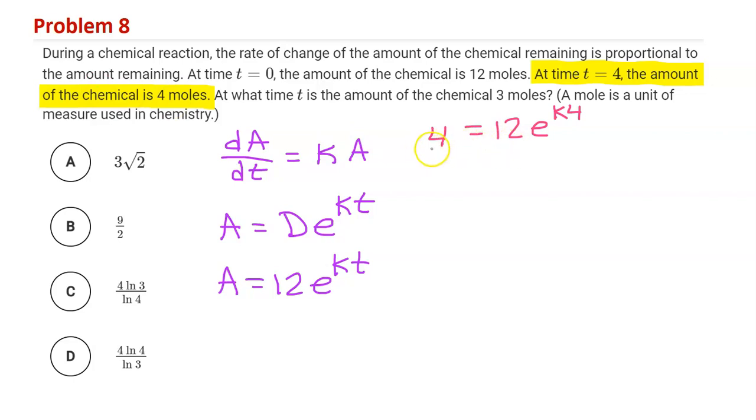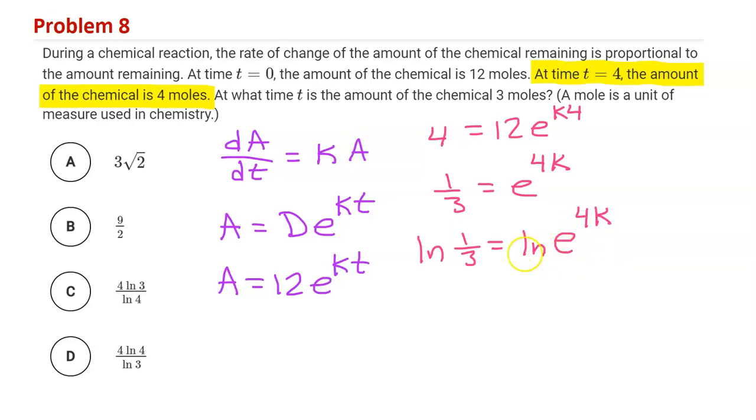Let's divide both sides by 12. So 4 divided by 12 is 1/3. So I have 1/3 equals e to the 4k. We can get rid of this e by taking the natural log of both sides of the equation. So I have the natural log of 1/3 equals the natural log of e to the 4k.